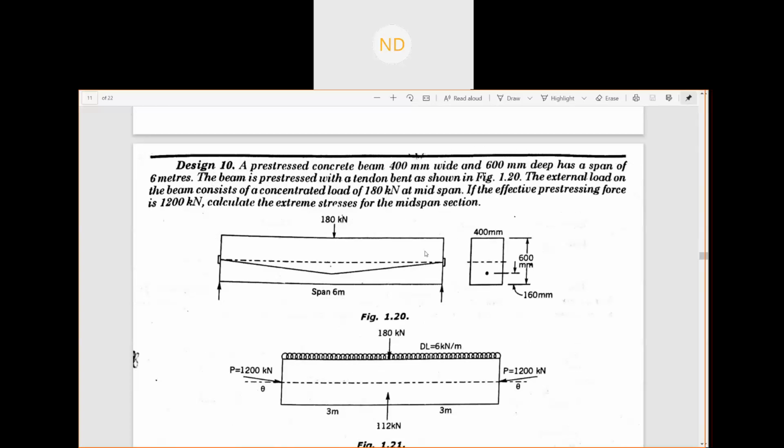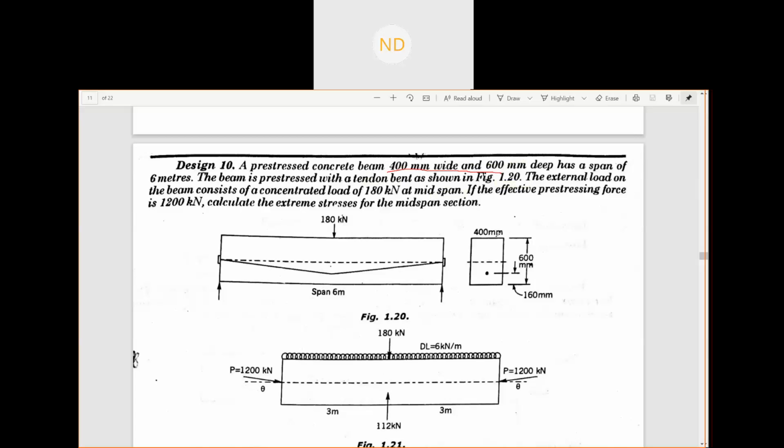Note down this question. A pre-stressed concrete beam of 400 mm into 600 mm deep has a span of 6 meters. This span is given to us to be 6 meter, and the dimensions are 400 and 600.